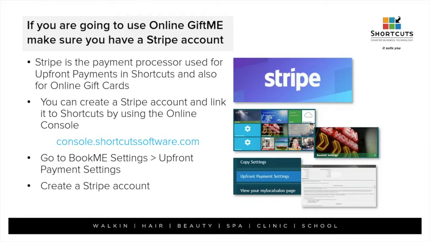So you'll go there, start up your Stripe account, and make sure after you sign up, after you fill in all of the details, you get a confirmation message. You return to your Book Me settings in the console, you return to your upfront payment settings, and then Shortcuts will give you the option to activate, to make sure your account is active.